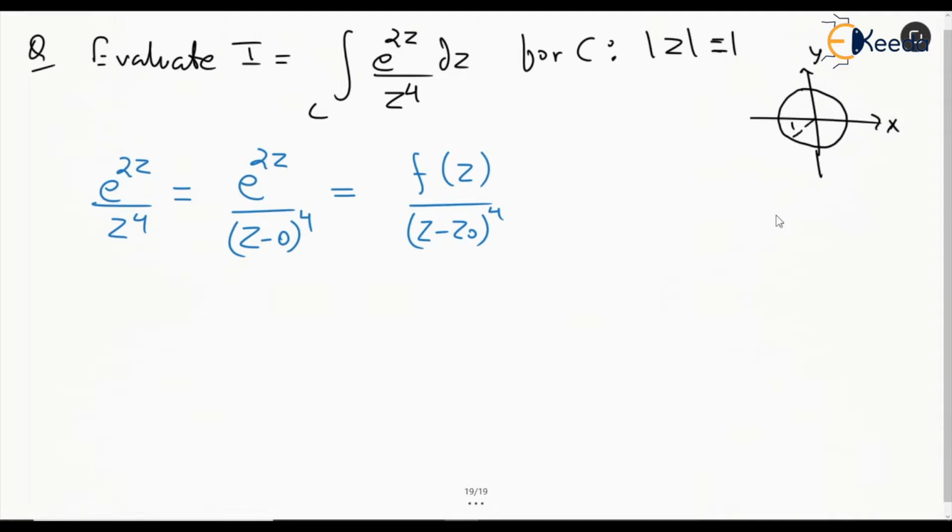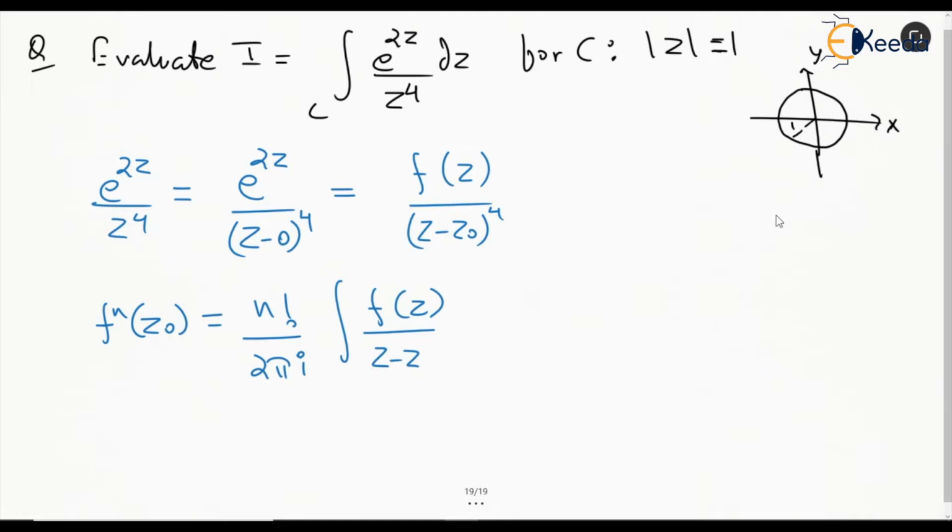Now from the nth derivative option we have the nth derivative at z naught given as n factorial by 2 pi I integration f of z by z minus z naught to the power of 4 dz.